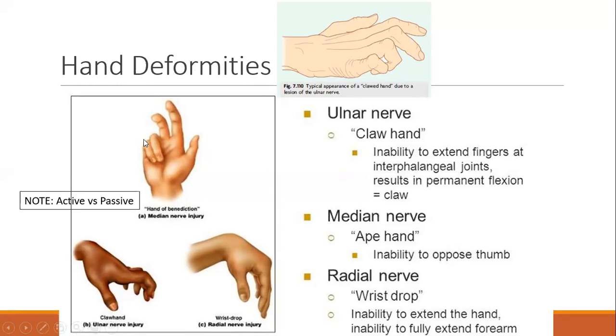And when they make a fist, they're only able to curl in these last 2 fingers. Well, that's because they've lost median nerve innervation. So they're able to move these 2 fingers because ulnar nerve is allowing them to flex them, but they've lost median nerve. And then finally, wrist drop, you've lost extension, you've lost the extensors to the hand. So it's just at baseline, it's going to be flexed.